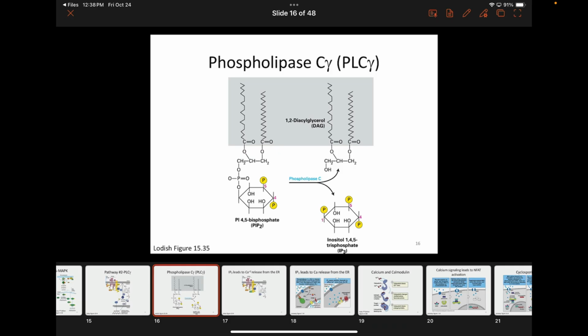So we have this phospholipid PIP2, and the enzyme PLC gamma cuts PIP2 to make these two products, DAG and IP3. So after PLC gamma has done its thing, we will get some DAG and we'll have some IP3 made.